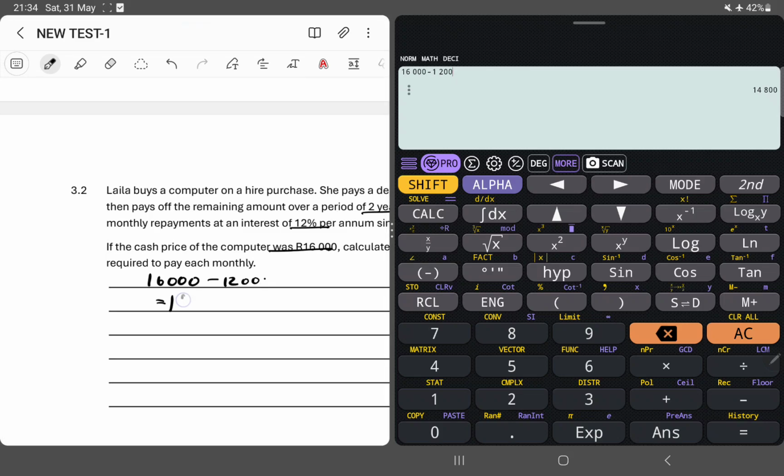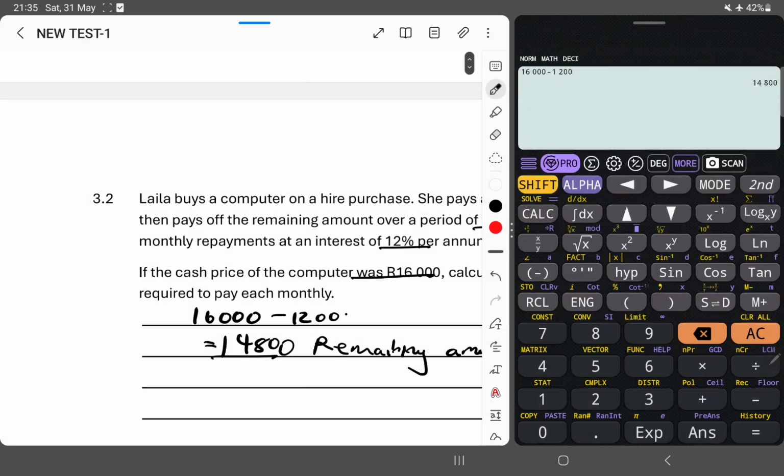So it means we have 14,800. This is the remaining amount. This is the amount that is going to be repaid in a period of 2 years, right?